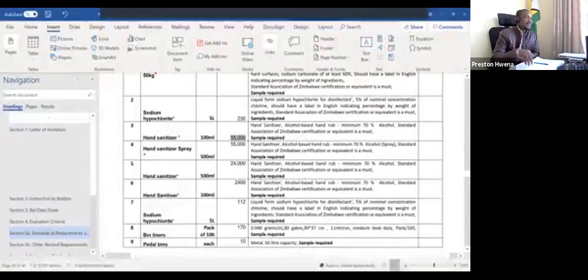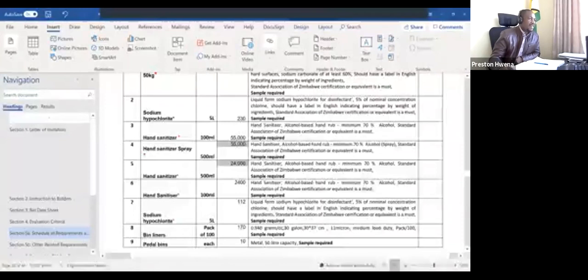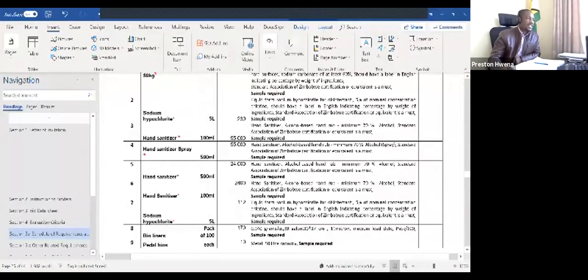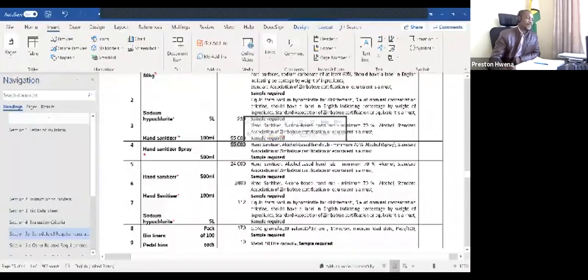But on my ITB on e-tendering, I've combined these, and I've also combined these two sanitizers to be 79,000. They are all the same, but it's only that different requesters need different quantities. One requester needs 24,000 units, one requester needs 55,000 units, but all are the same product. So please take note, don't get confused when you see this.